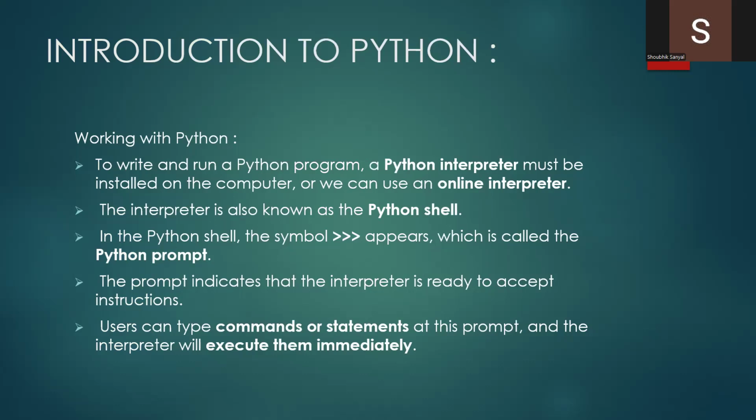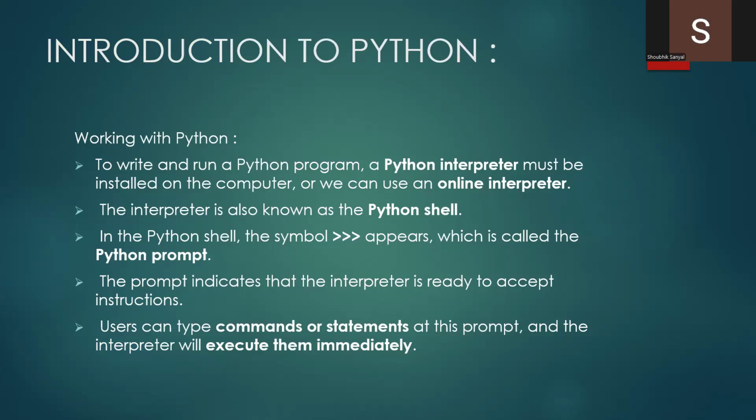As we have already read earlier, Python works on an interpreter. So an interpreter is a must to run or write a Python program. To write and run a Python program, a Python interpreter must be installed on the computer, or we can use an online interpreter.